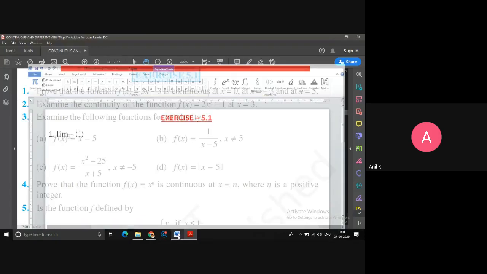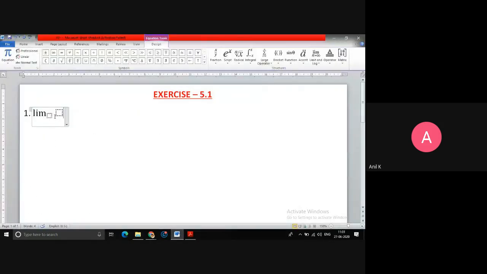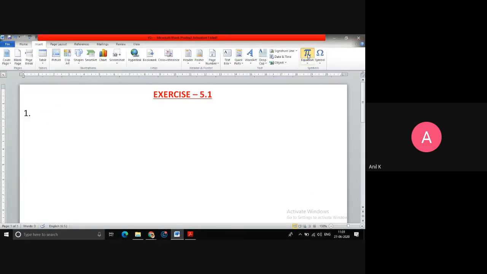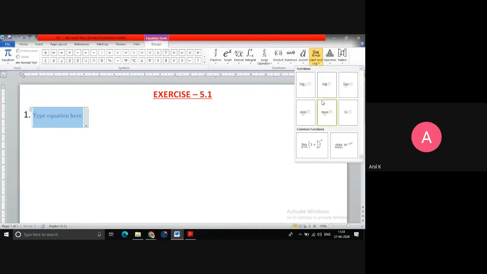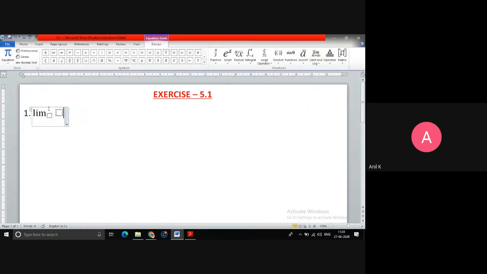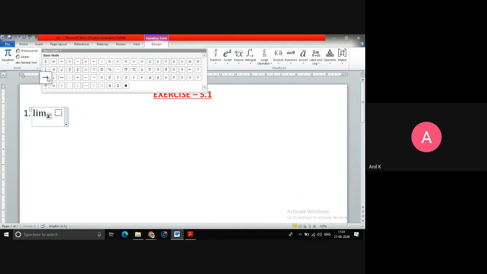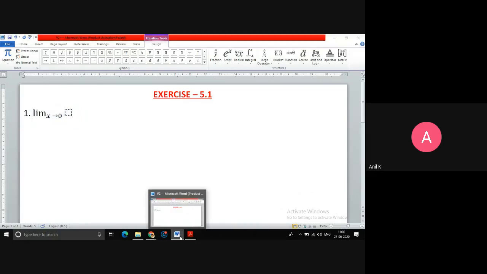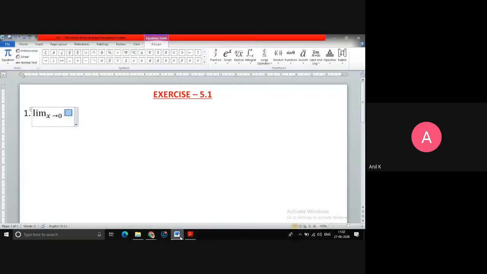For the example, I want to find the limit as x tends to 0. What is the function given? 5x minus 3.